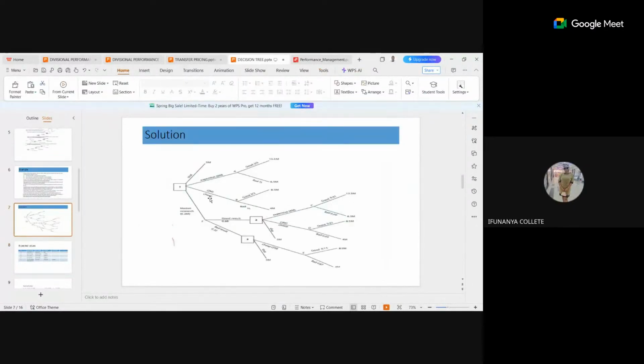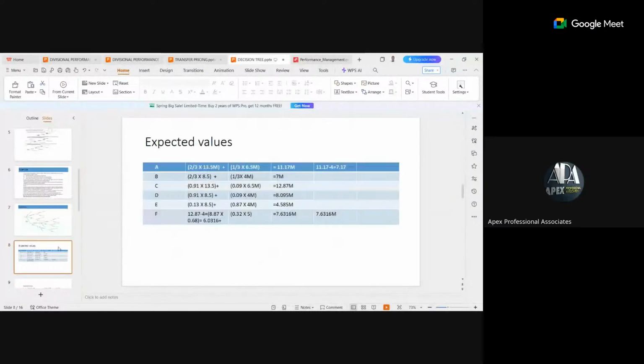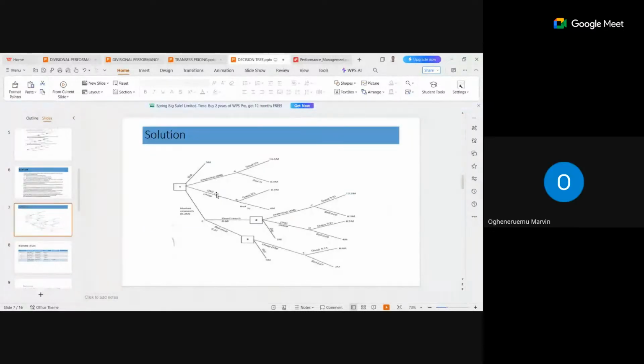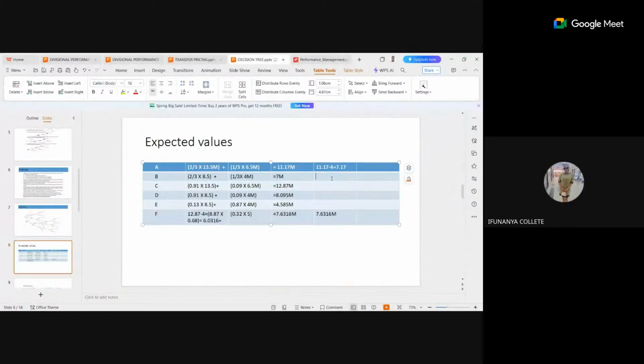Now, for cheap, the expected value is 7 million, and the cost incurred is 2 million. So 7 minus 2 is 5 million.